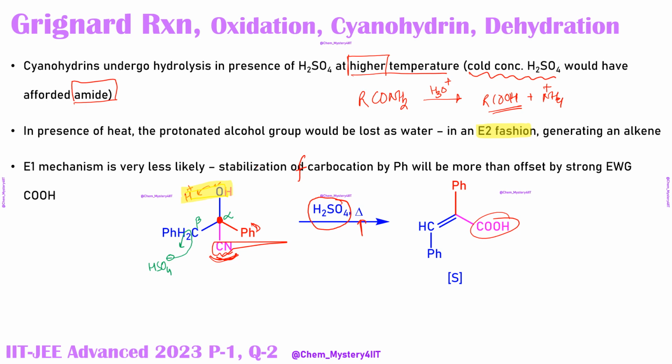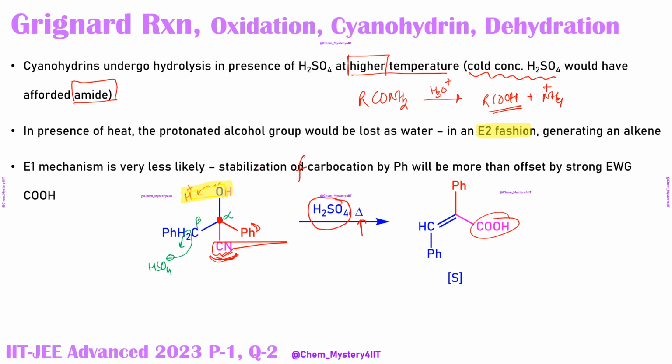And we know that 3-degree alcohols, when brought into these elimination reactions, can go by the E2 mechanism if very stable carbocations are not being generated.